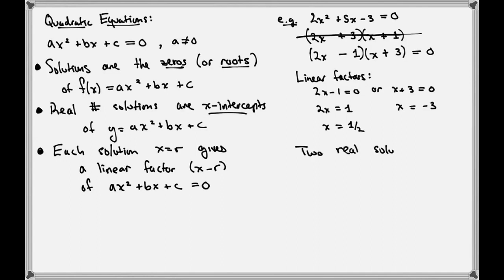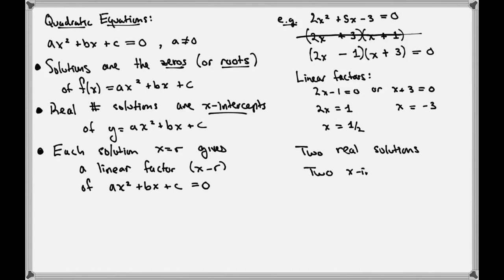So we have two real solutions, and that means that this parabola, when I plot it, corresponding to this quadratic function, will have two x-intercepts. So we found both the solutions, the zeros, the roots of the equation. We see that two of them are real, so there's two x-intercepts, and we also see the linear factors initially as well.